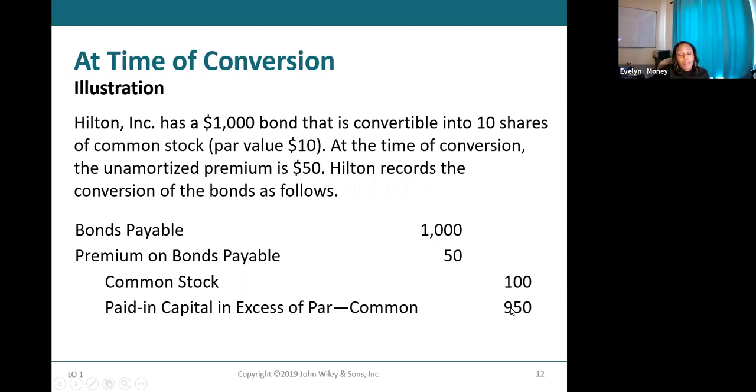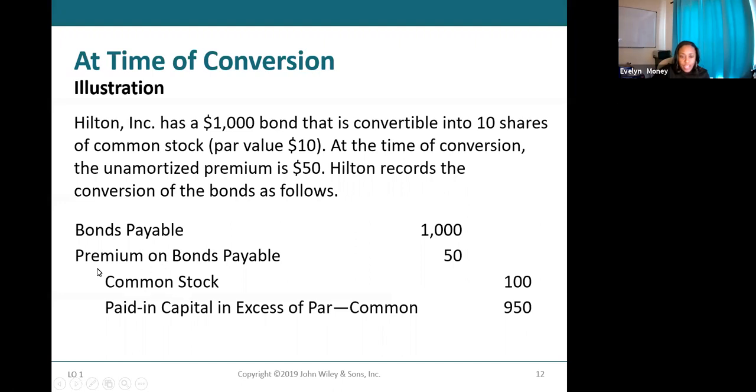So that account becomes my plug figure. Notice that we don't record any gain or loss. We take that old debt off the books at its book value, and we put the new equity on using par value, and we may have to use paid-in capital in excess of par if my journal entry doesn't balance.